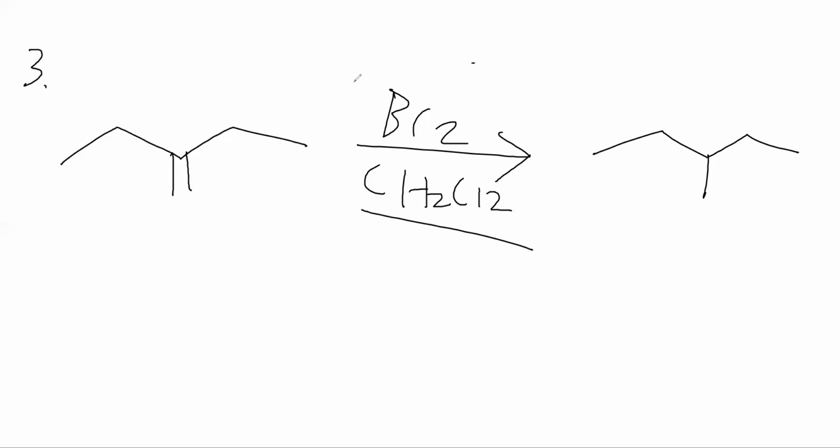It's not super important, but the Br2 is. So we're just adding two Brs. I can go over the mechanism if you want me to, but it's very similar to stuff I've shown multiple times today. So unless you want me to, I'm just going to show you the product. So the two Brs get added and they're trans to each other. That's something we've seen multiple times before.